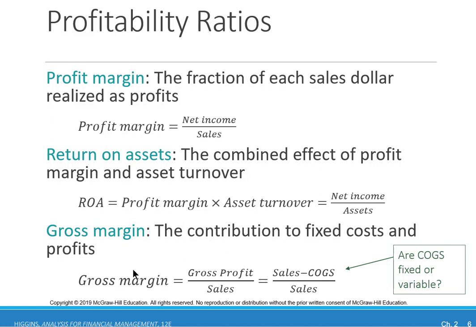When I was talking about breaking down the profit margin, one of the things that we can look at is gross margin. So this is the contribution to fixed costs and profits. So what does this actually mean, right? So gross profit is the amount that's left over after we have paid for all the expenses of production.